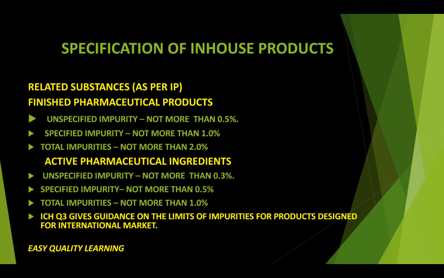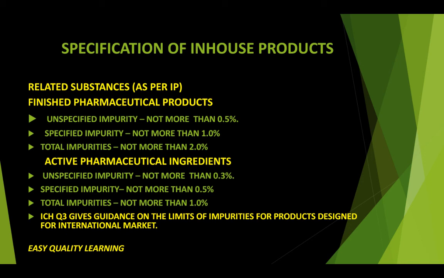Now related substances. As per Indian Pharmacopoeia, for whatever products we are going to give in our Indian market, the related substances limit specified for finished pharmaceutical products is: unspecified impurity not more than 0.5%, specified impurity not more than 1%, and total impurities not more than 2%. For active pharmaceutical ingredients, unspecified impurity should not be more than 0.3%, specified impurity not more than 0.5%, and total impurities not more than 1%.